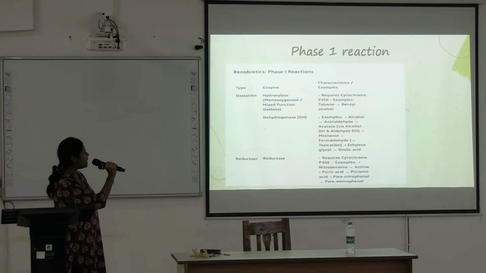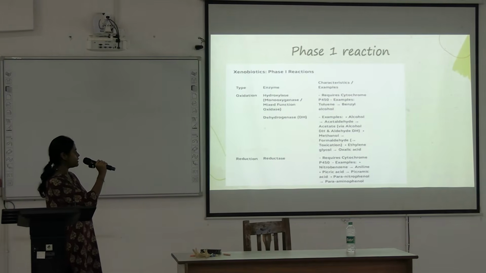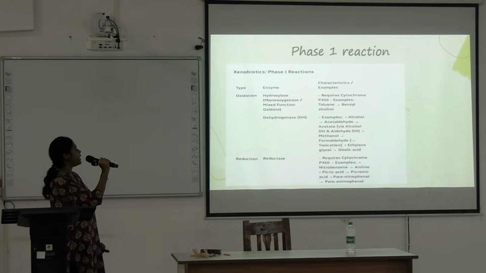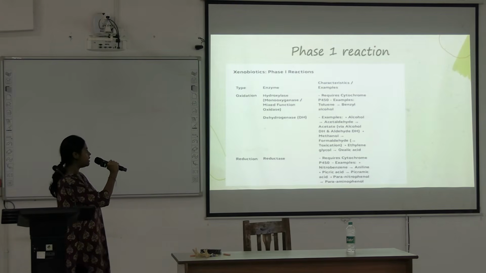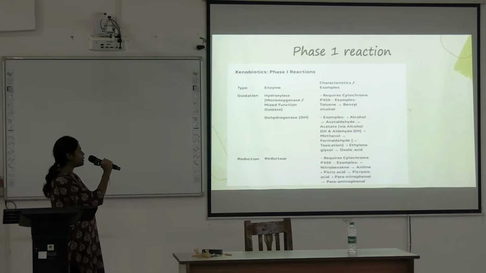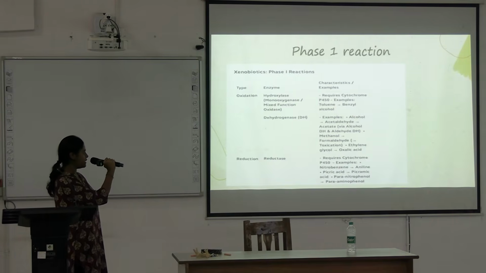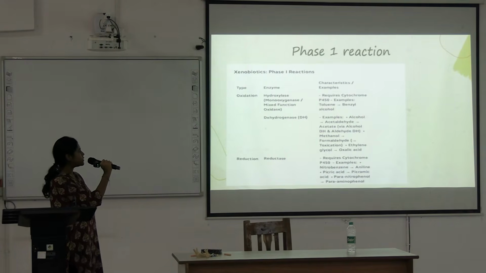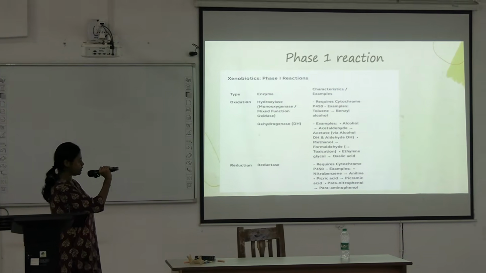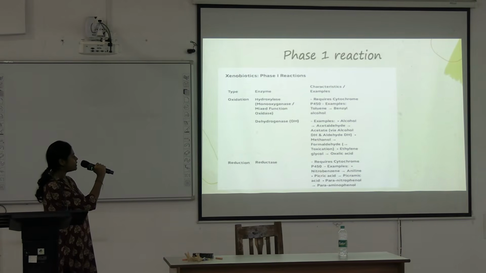Alcohol is converted to acetaldehyde via alcohol dehydrogenase, and acetaldehyde is converted to acetate via aldehyde dehydrogenase. Methanol is converted to formaldehyde via toxication. Ethylene glycol is converted to oxalic acid.